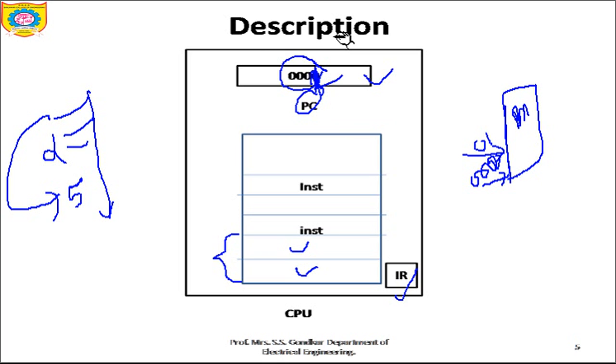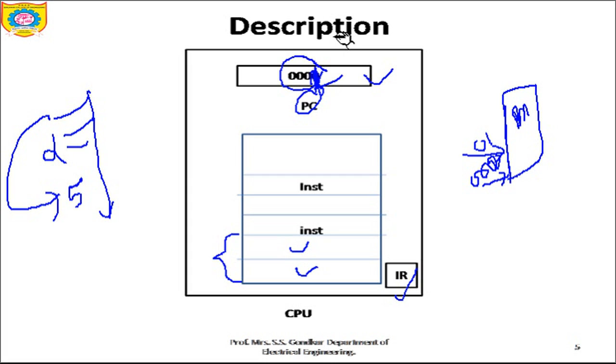So I'll just summarize the process we saw. Instructions are usually fetched from the location indicated by the program counter. After every fetch cycle, the program counter is incremented by 1, and if the instruction is not complete, additional bytes are fetched.